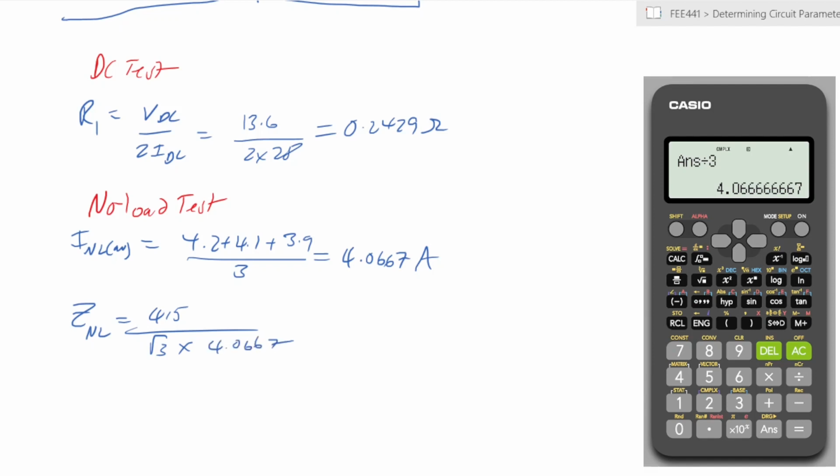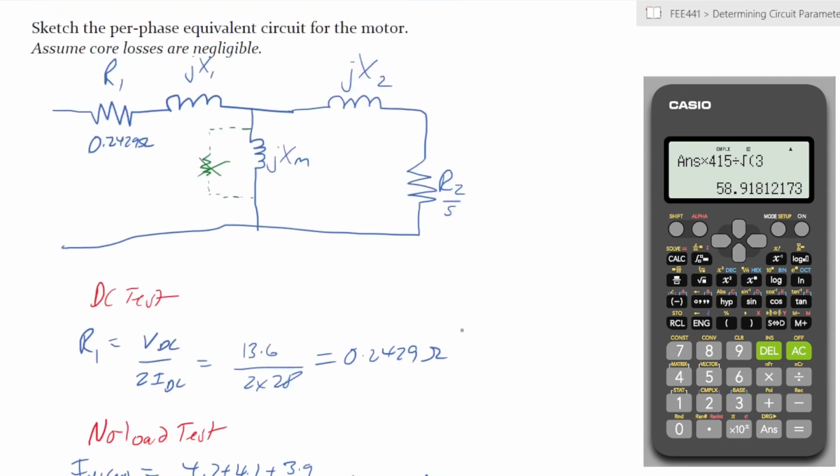So that gives us a value of 58.92 ohms as our impedance there.